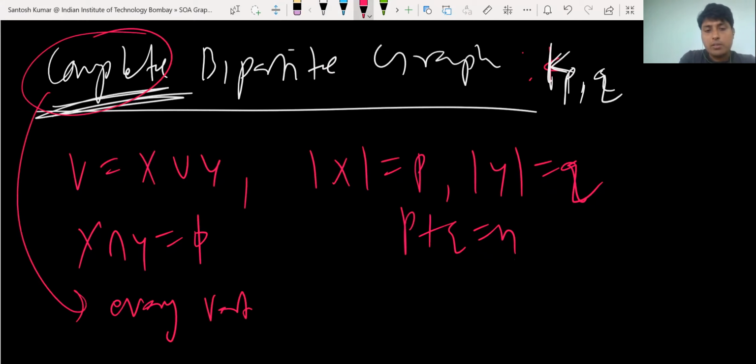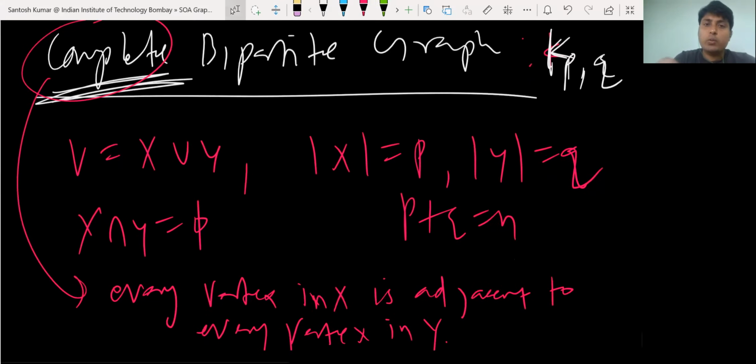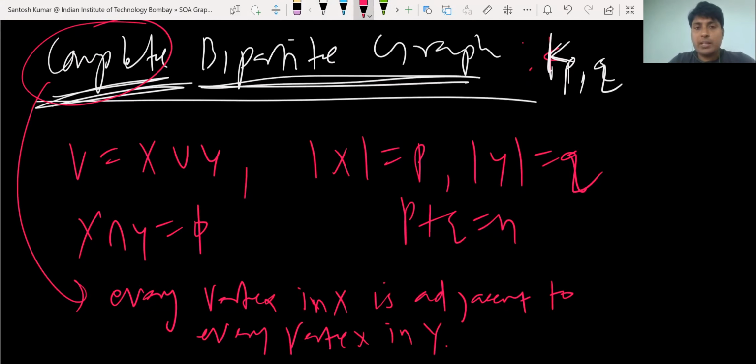Every vertex in X is adjacent to every vertex in Y. That is not required in a bipartite graph in general. In bipartite, the only condition was that any edge has endpoints one in X and the other in Y. Complete means every vertex in X will be adjacent to every vertex in Y.